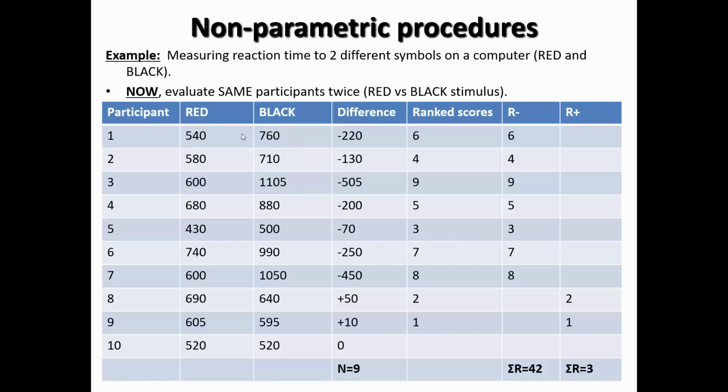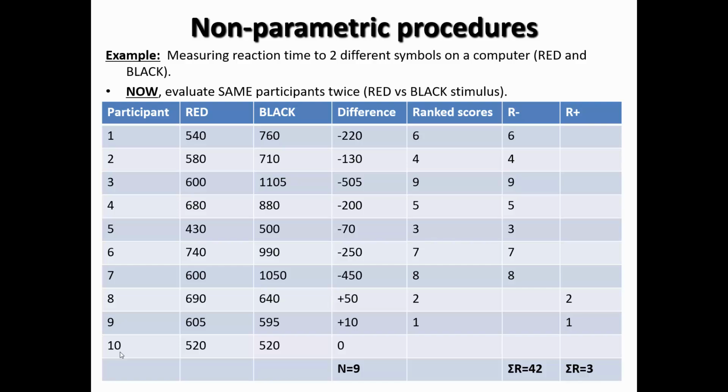So the first step is to take the first column and subtract the second column, and we see that we have a negative 220 milliseconds as the difference. And then we repeat this for row number 2, row number 3 individually for each of the participants, and we continue until we have all 10 participants calculated.